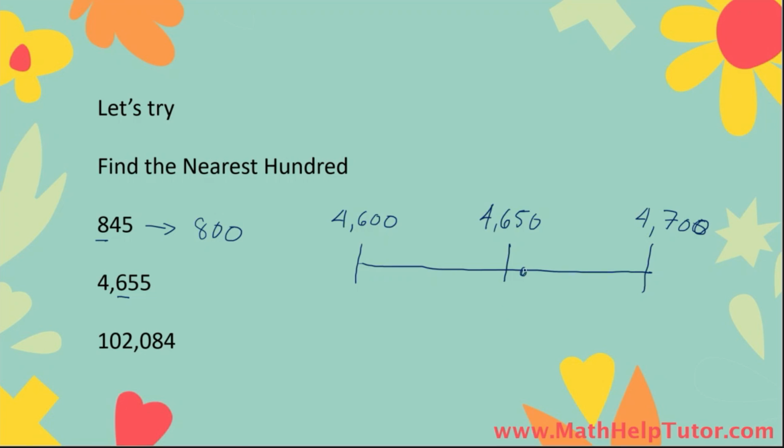That should be somewhere here. Since our number is more than 4,650, or comes after 4,650, we know that our number is nearer to 4,700 than it is to 4,600. So the answer to the nearest hundred for our number is 4,700.